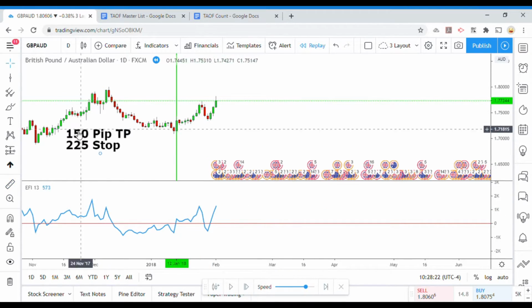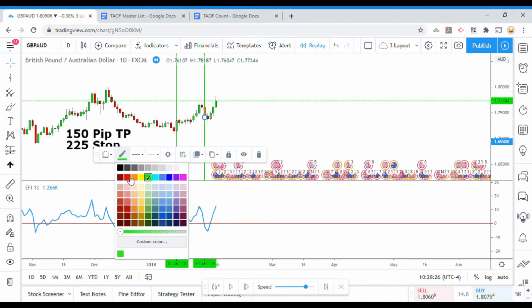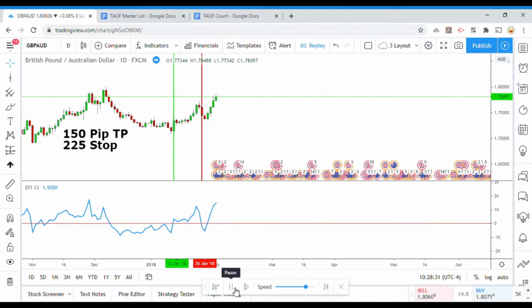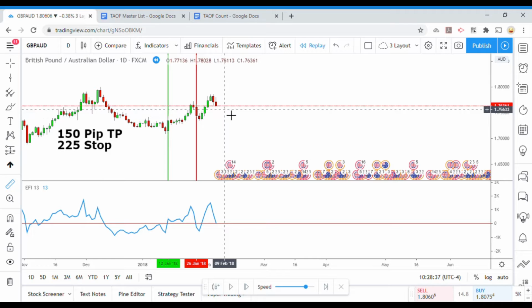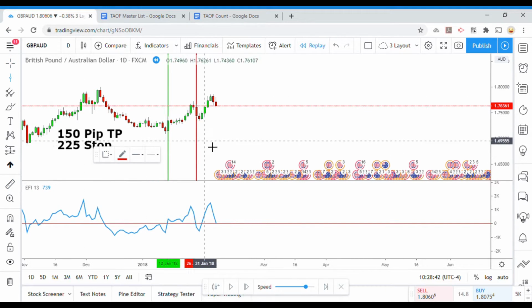It looks like it was a swing and a miss. And then right into another buy signal here, which was a winner.